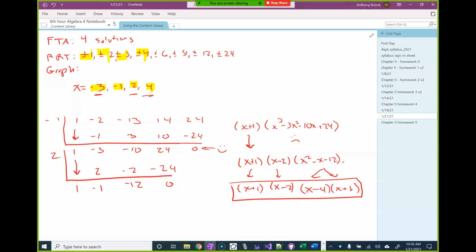And we'll spend some time practicing that. And then there's a little bit more to do in this chapter in going in the reverse direction. So if I give you some solutions, can you build me a polynomial out of that? And that'll be the last topic for this chapter.